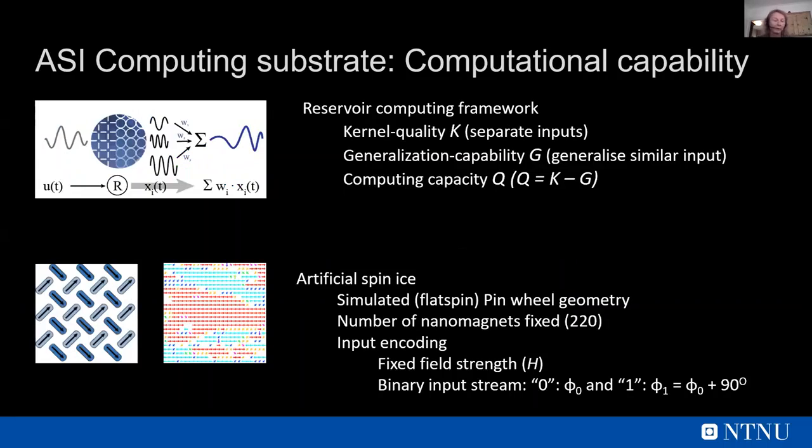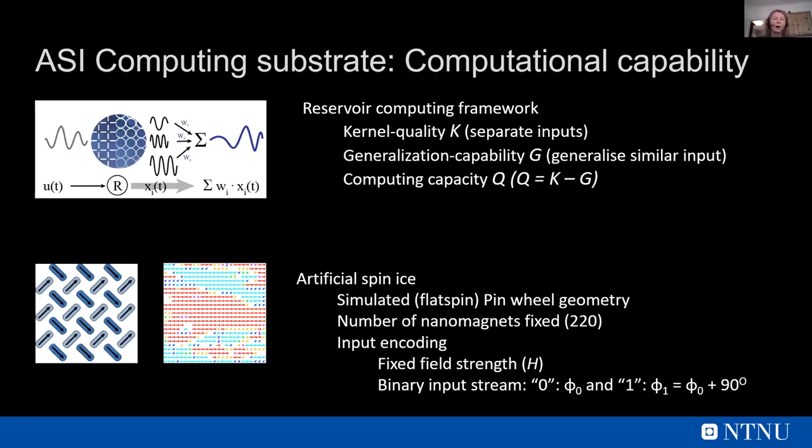So for computation, we use the reservoir computing framework. Our spin ice is a dynamical system, so it has a high dimensional output out of a low dimensional input, and we can use that to measure quantitative parameters like kernel quality and generalization.